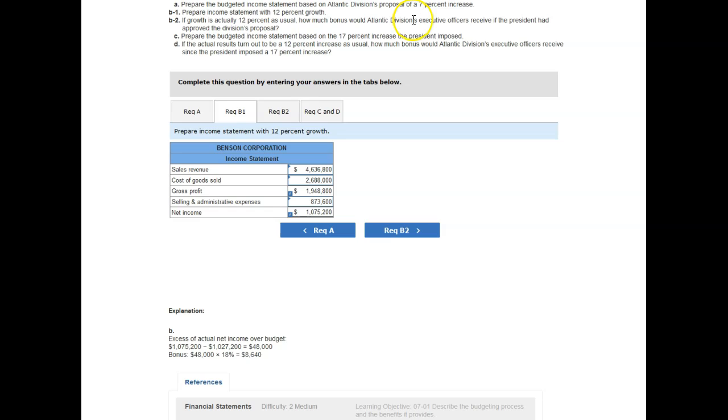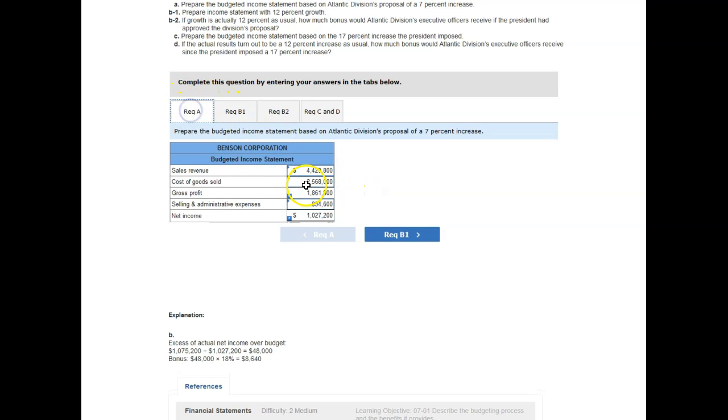So if the budget was based on 7%, but the actual ended up being 12%, what would the bonus be? Now I know here in B1 we prepared a budget based on 12%. Now they're saying, after the year ends, the actual numbers are 12%, but the budget, we go back here, this was the budget that was adopted.